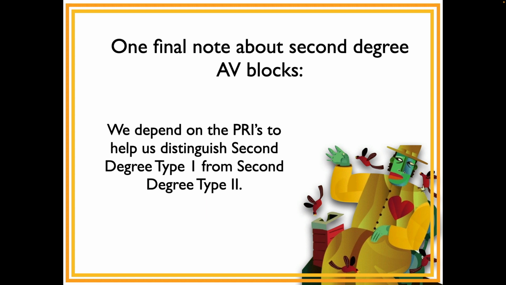You look at something and you say, well, how do I know if this is second degree type 1 or second degree type 2? Look at the PR intervals. If they're progressively expanding within the group, it's second degree type 1. If they're all the same, all across the strip, within the group, whatever, then it's second degree type 2. So we depend on the PRIs to distinguish it.